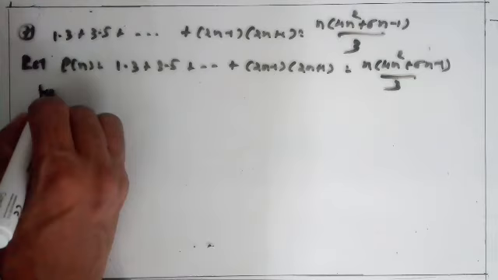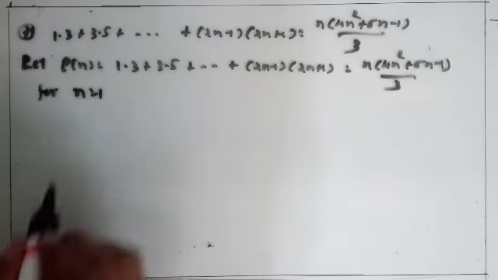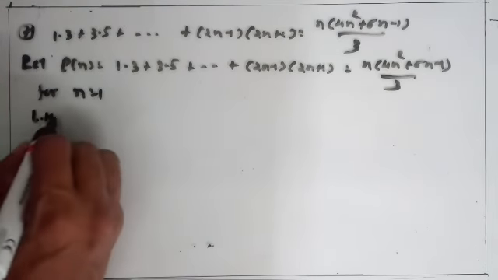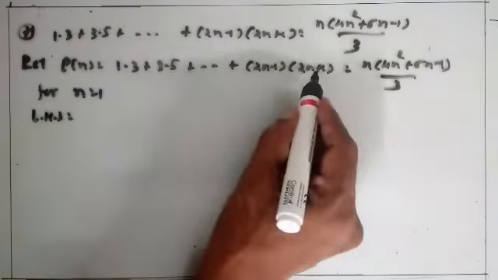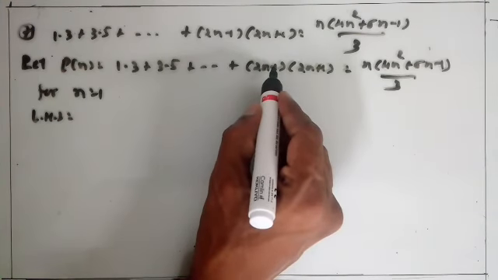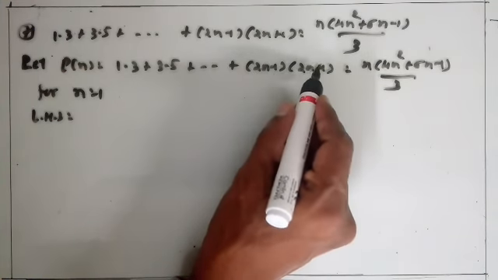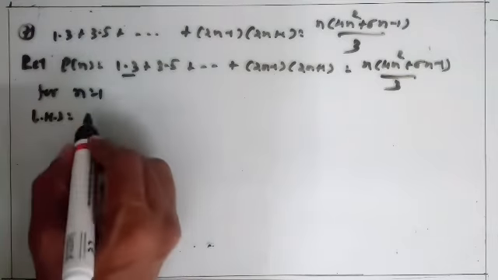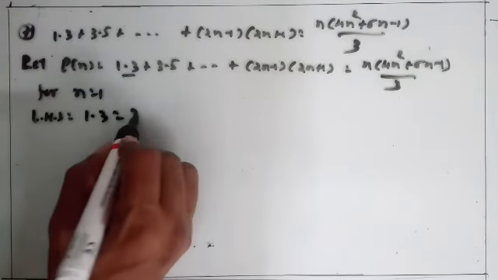For n is equal to 1, LHS: n is replaced by 1. So 2 minus 1, that is 1. Here 2 plus 1, that is 3. That is the first term, 1 into 3, that means 3.